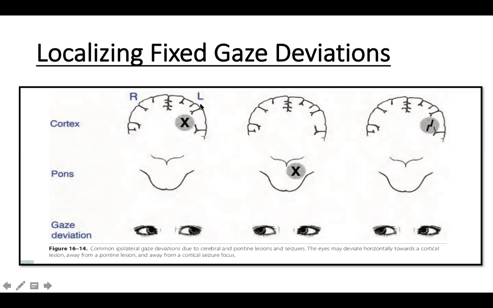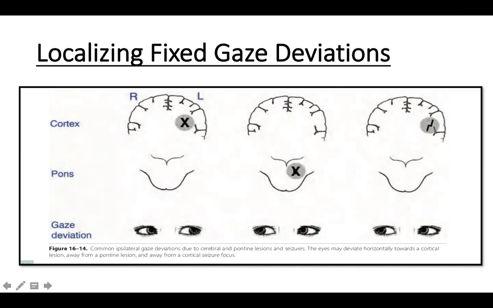If there is a brain damage on the left side, the eyes are tonically deviated to the left side. One easy way to remember this is that Harrison's Principles of Internal Medicine gives a simple rule: the eyes always look towards the brain and away from the brainstem. So if there is a brain injury or a cortical injury, the eyes would look towards the same side. This is because the opposite frontal eye field center is very active.